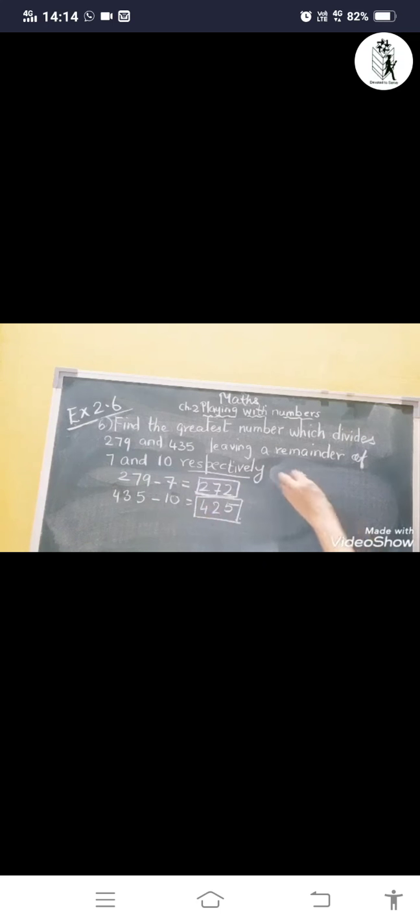These are the two new numbers of which you have to find the HCF, that is 272 and 425. After finding the prime factors of 272 and 425 separately, we write them down, and the common factor is only 17.